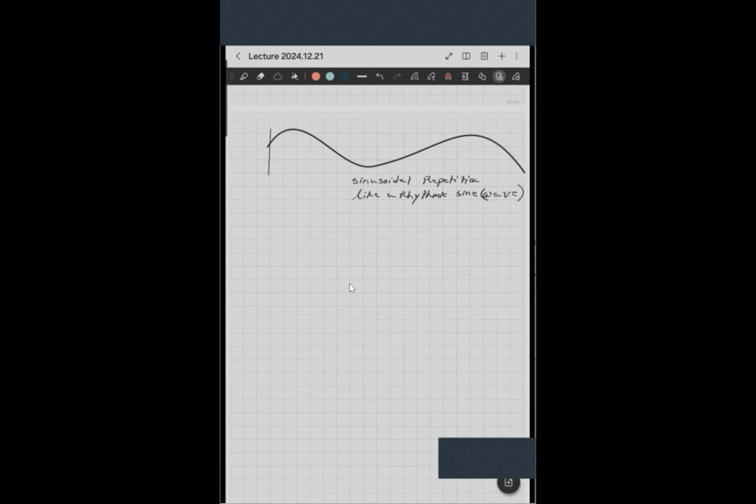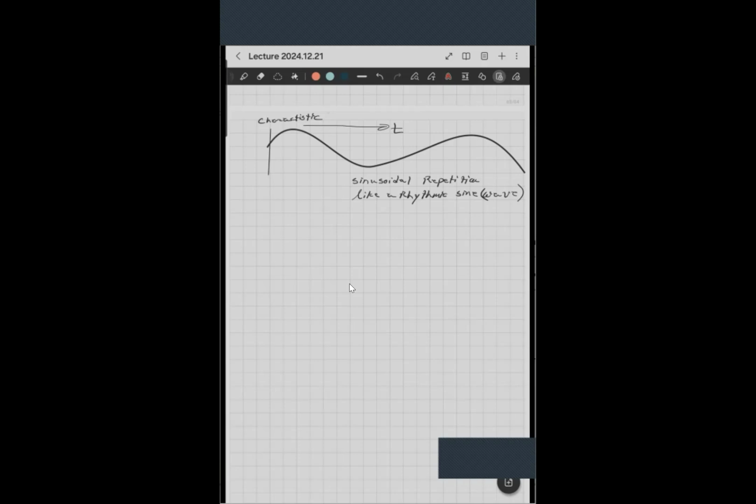I'm putting wave in parentheses because it may not be a wave. Remember what we mean by sine wave: if we were to plot it in time, it changes position, it changes state, it changes its characteristic, whatever that characteristic is.